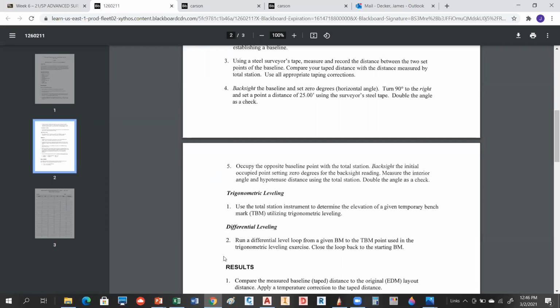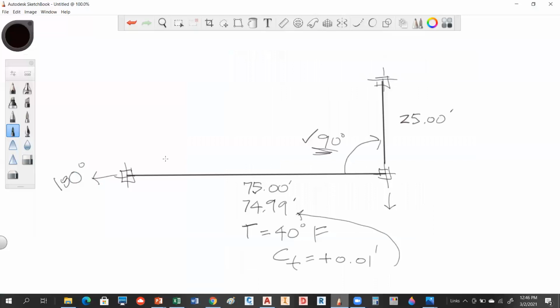So for instance, when we come here, you're going to occupy this point with your total station. And so now I'm sitting here at that point, and I'm going to assume that I got a good 90 here, and that my distances are 25 and 75. And I'm going to measure two things. I'm going to measure this distance.